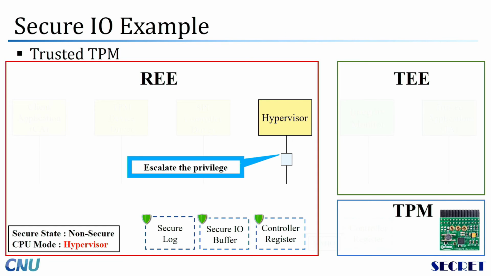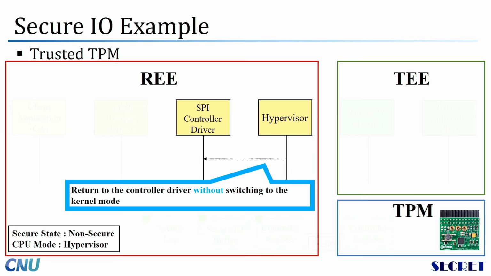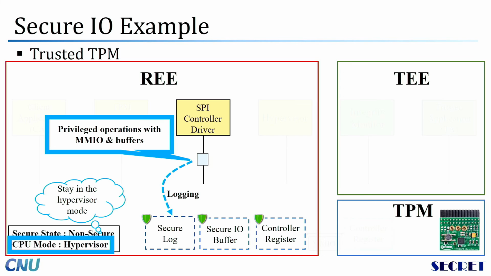The API simply invokes the hypercall, so the CPU mode switches to the hypervisor. After some security configuration, it returns back to the device driver without deprivileging to the kernel mode. Now, the driver code runs in the hypervisor mode, so it can perform the MMIO.